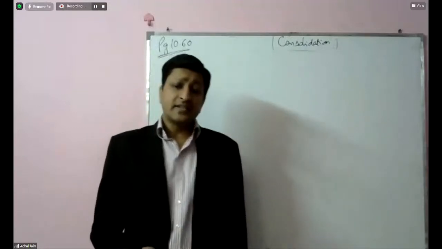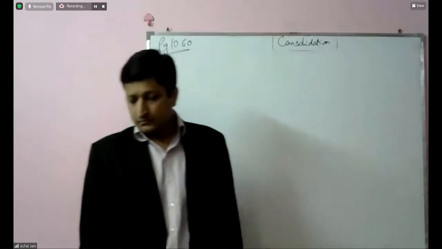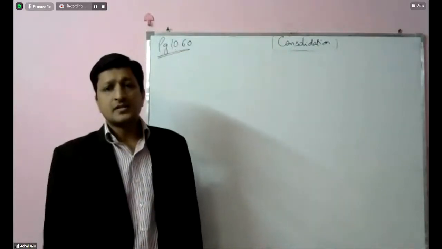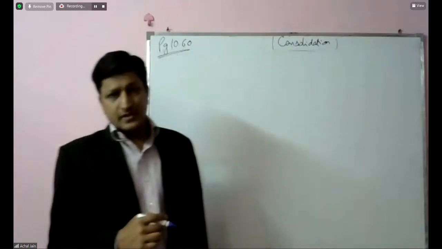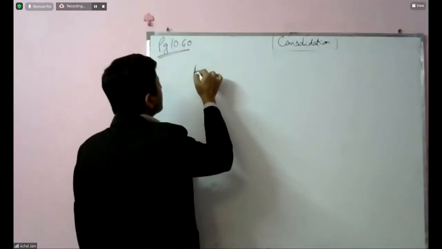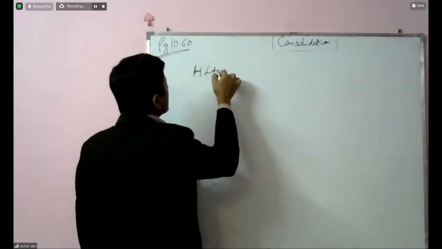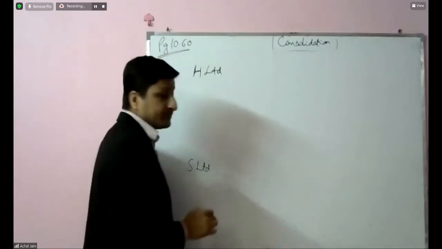Similar to this is another principle, and that is about reporting dates. Let's understand this. What is this principle? What does it require? How do we need to deal with this? Here again, let's start with two companies, H Limited and S Limited.